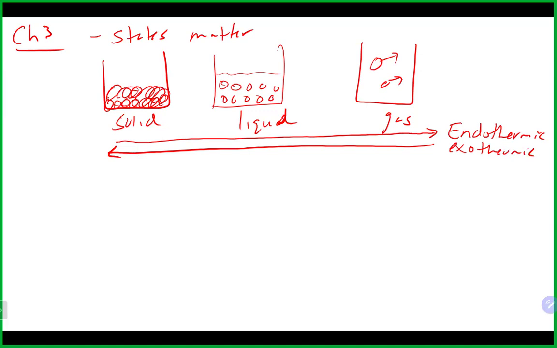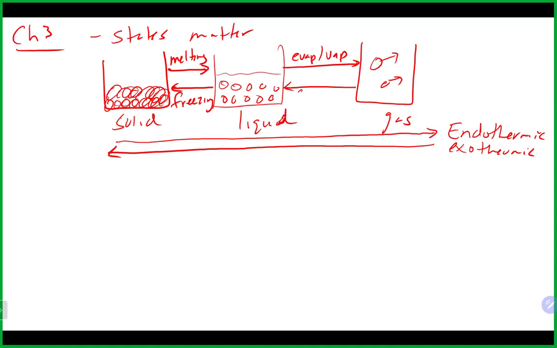There's also the change of phase that we talked about, and change of state. Remember, as we go from solid to liquid, that is melting. As we go from liquid to solid, that is freezing. Liquid to gas, that's evaporation or vaporization.